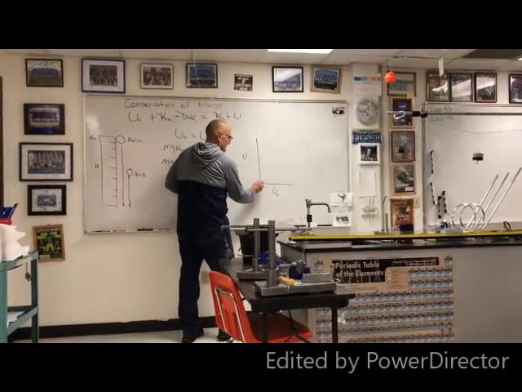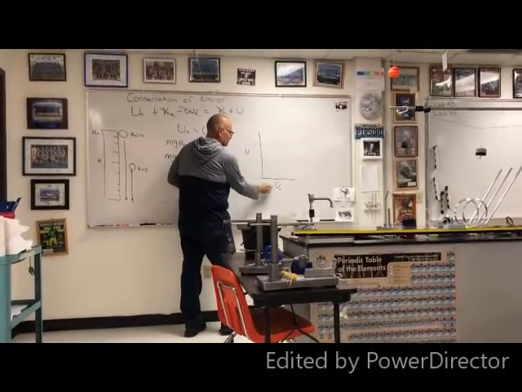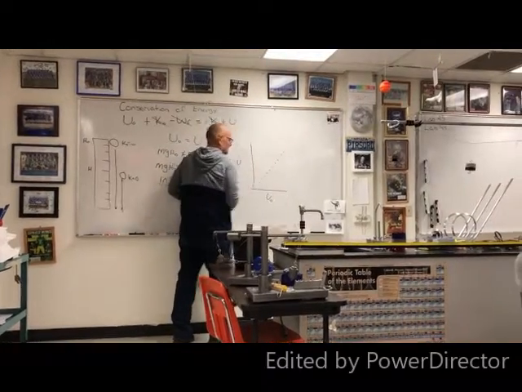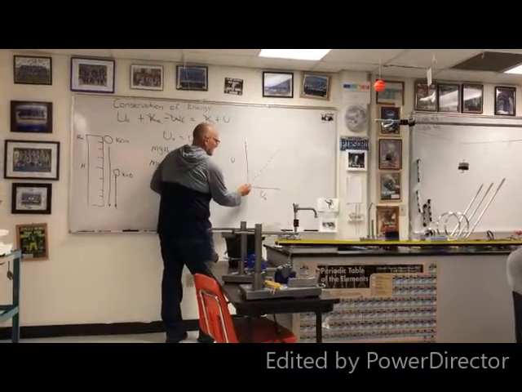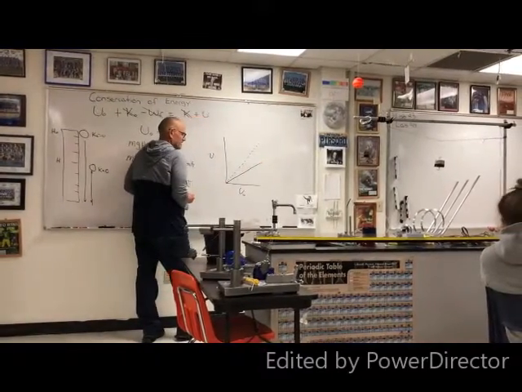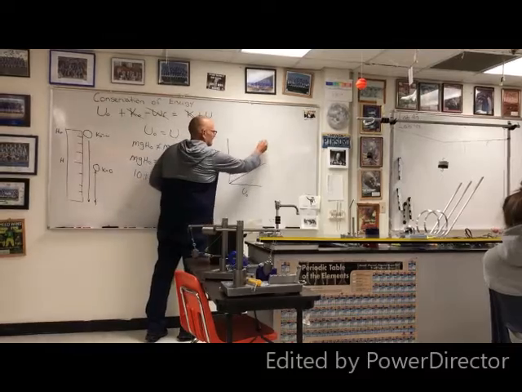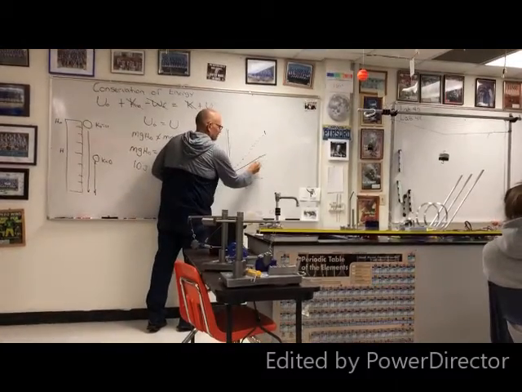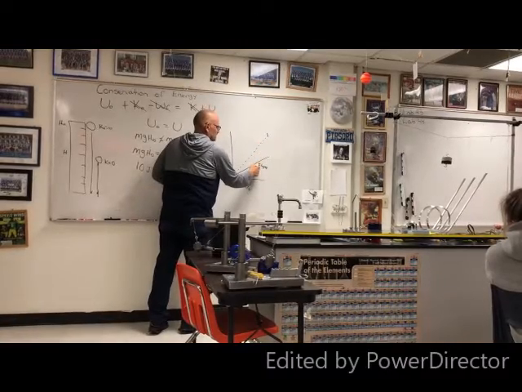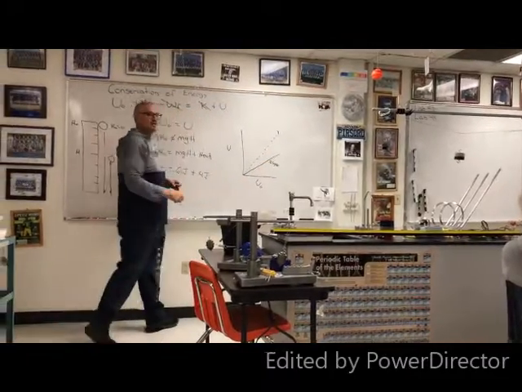If these two are equal to each other, you should get a straight line like this, a slope. However, in reality, in the laboratory, you'll probably get something like this. This ideal line will have a slope of 1. Whatever this slope is here, you take 1 minus this slope, and that will get you the percent lost as heat.